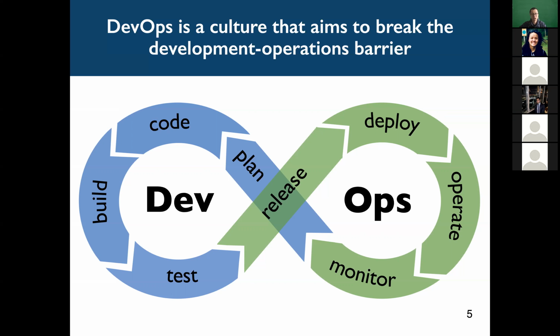So DevOps is a culture that aims to break the development-operations barrier. Within a DevOps culture, the development and operations teams are merged into a single DevOps team. In this team, the engineers work together across the entire software lifecycle, from development and testing to deployment and operations.